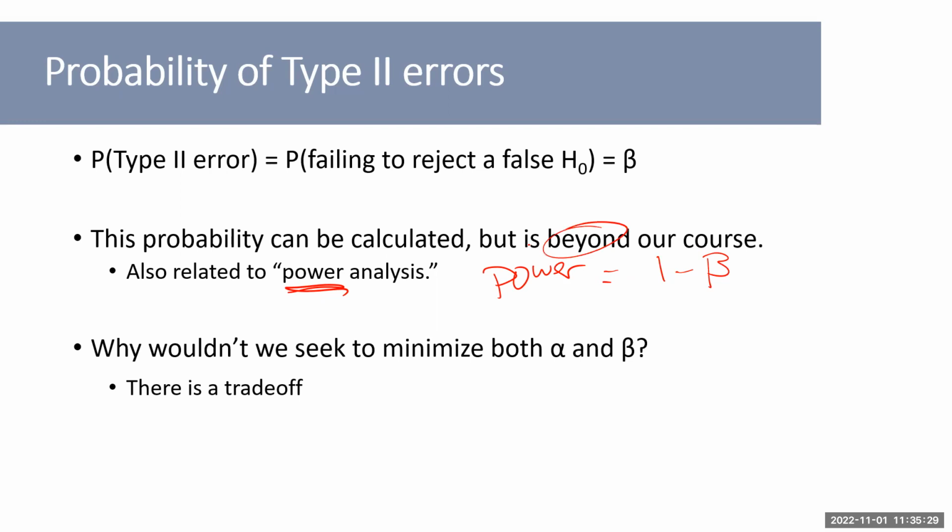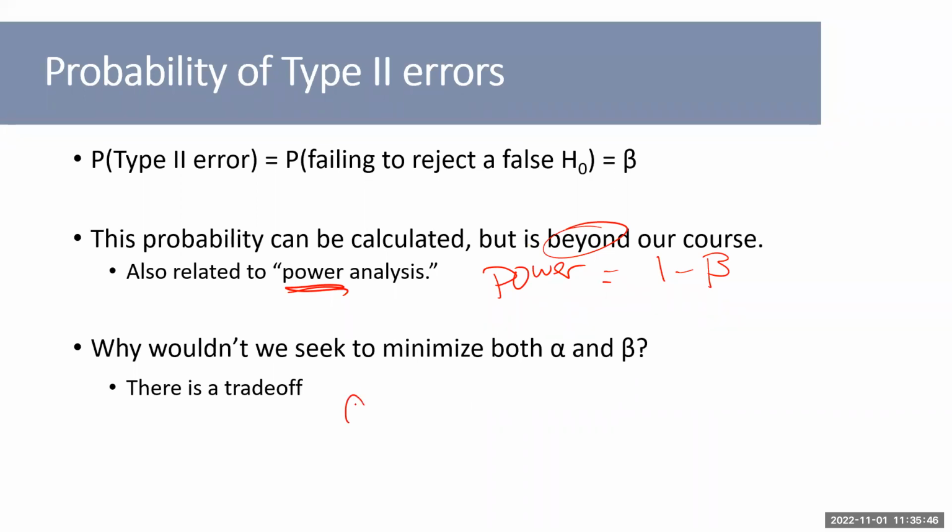So why wouldn't we want to say, well, the probability of an error should be really small. We don't want to make an error. So why don't we make alpha almost 0 and beta almost 0? Well, it turns out that there's a trade-off, okay? It's not a directly proportional relationship where there's a number that you can just multiply by to get the other, but there's a trade-off.